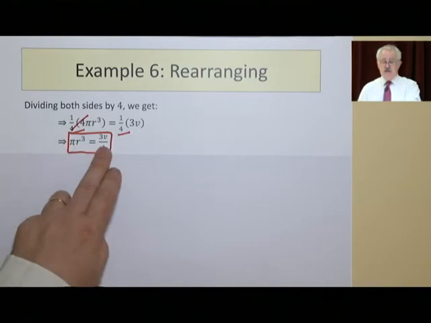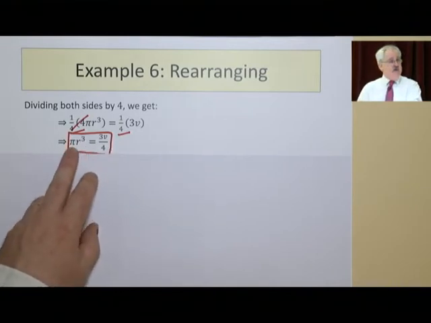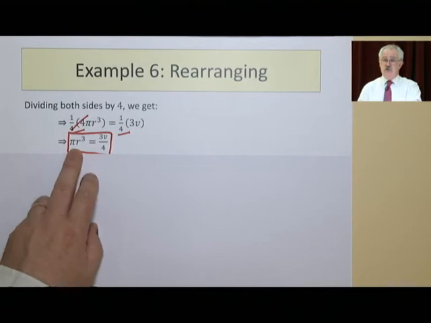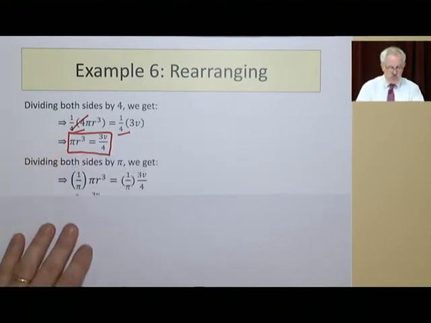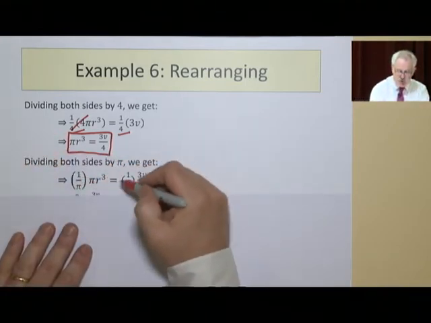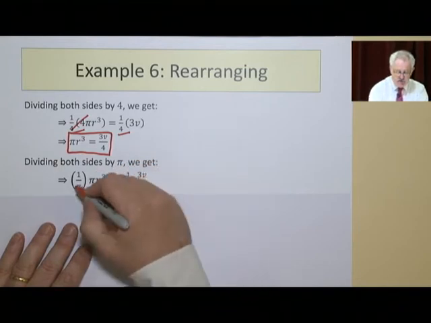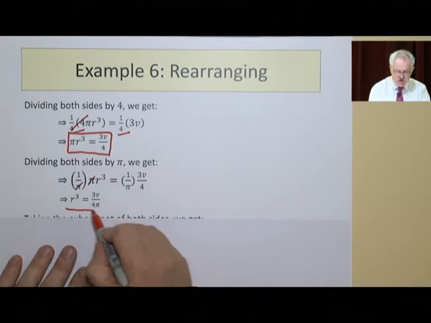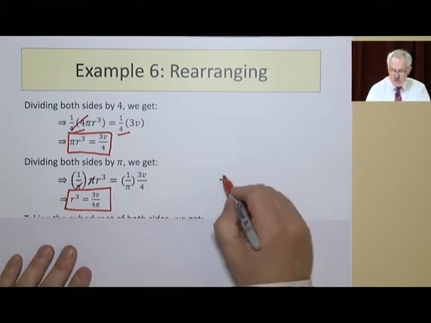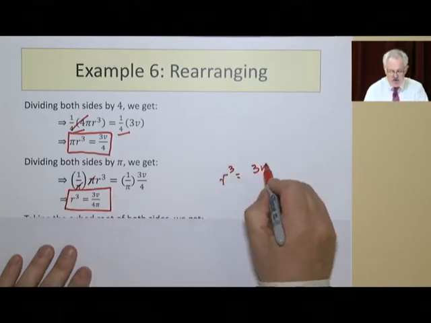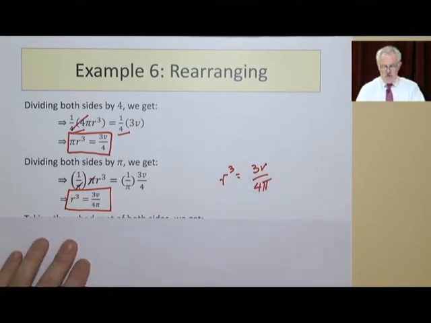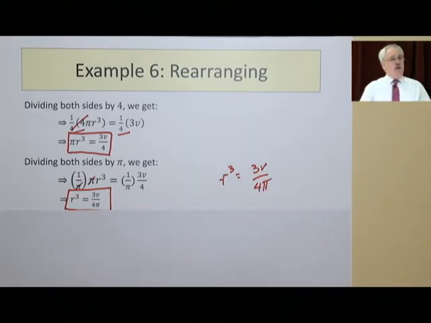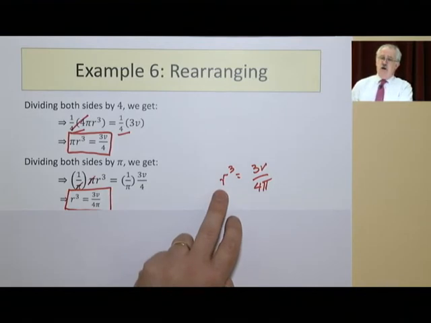So pi times this is this. It's there as a multiplier. To get rid of it, I just divide by pi. Divide by pi on both sides, 1 over pi. The pi's cancel. That pi will cancel with this. So I get r cubed is 3v over 4 pi. That's not bad. I've got r on the left-hand side.